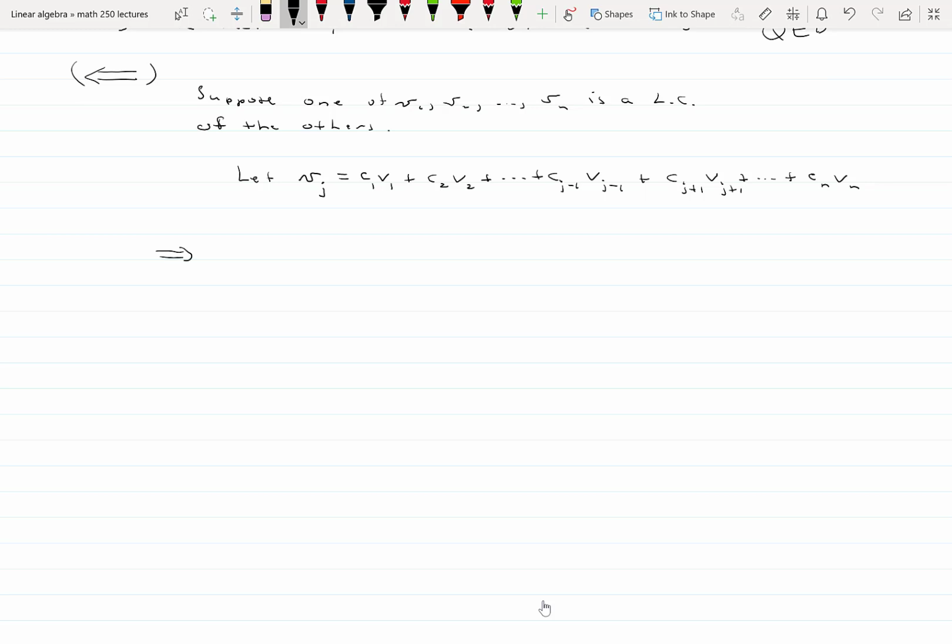So that implies that the right-hand vector c1 v1 plus c2 v2 plus dot dot dot plus c sub j minus 1 v sub j minus 1, I'm going to save a little room, plus c sub j plus 1 v sub j plus 1 plus dot dot dot all the way to the end, c sub n v sub n, that's the vector on the right, plus the opposite of the vector on the left, so plus negative 1 times v sub j.